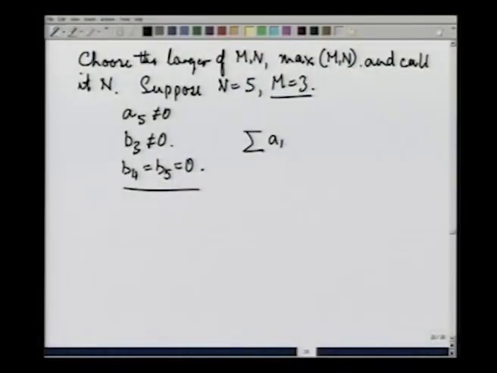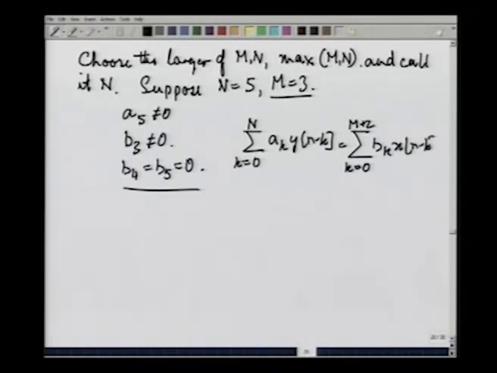Thus, keeping this in mind, we would write summation a k y n minus k, k equals 0 to N, which is equal to 5, equals summation k equals 0 to M plus 2 of b k x n minus k.